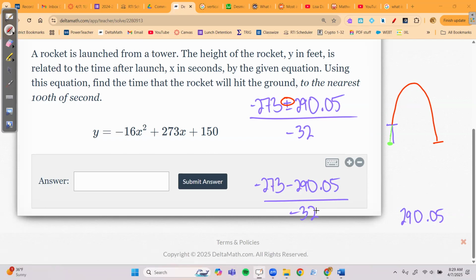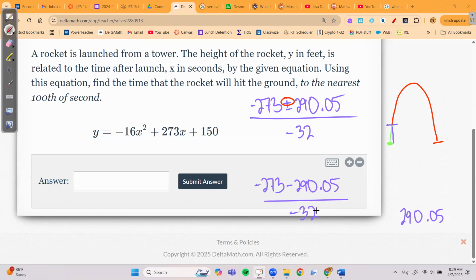So using your calculator, type in negative 273 minus 290.05. Make sure you hit enter after that. Unless you know how to use parentheses, use enter as your parentheses. We need the calculator to calculate the top before it divides.